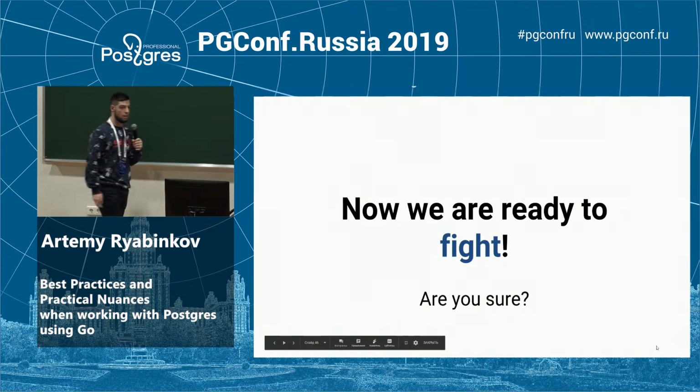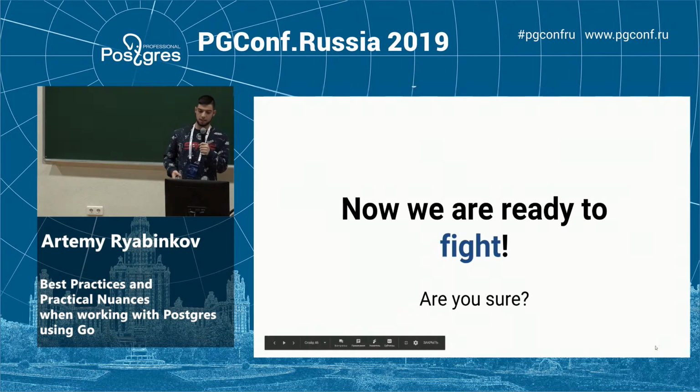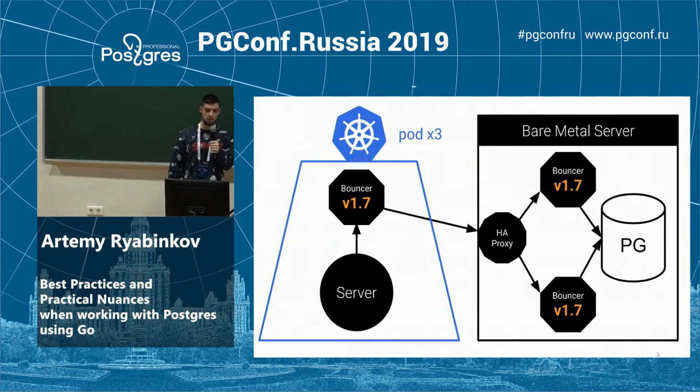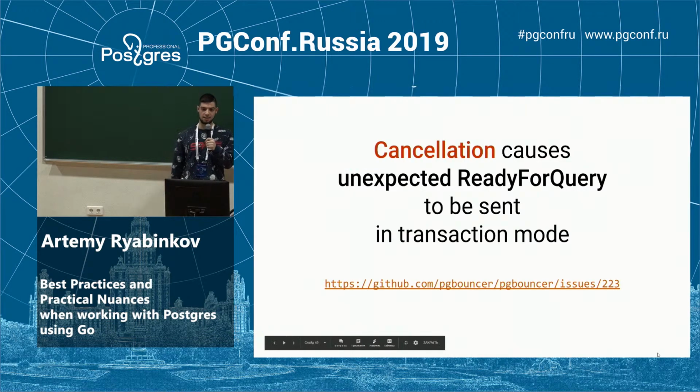Okay, now we're ready to work with Postgres using Go. Perhaps you were ready, or you will be ready, but it turned out that we are not ready, because in our infrastructure we used PGBouncer version 1.7, and it turned out to be a significant problem. In PGBouncer versions less than 1.8, when a client cancels the query, it says that the connection is ready to be used.